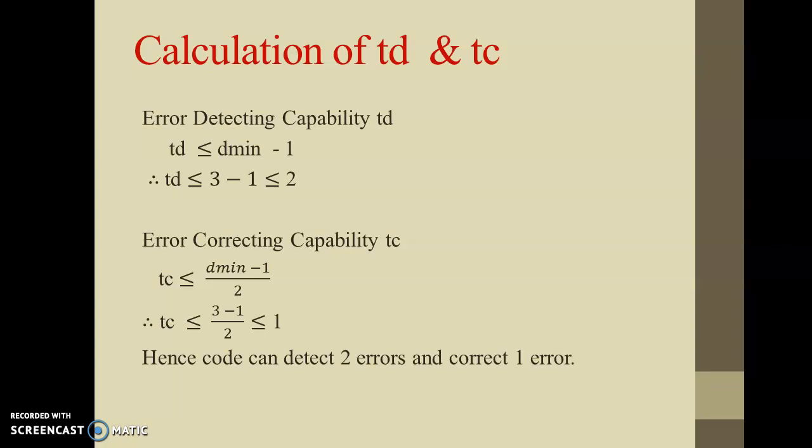The error correcting capability equation is TC less than or equal to (D min minus 1) divided by 2. So it comes out as 1. So TC is equal to 1 and TD is equal to 2. So this (6,3) systematic LBC can detect 2 errors and can correct only one error. Thank you.